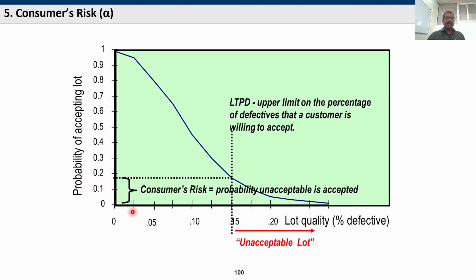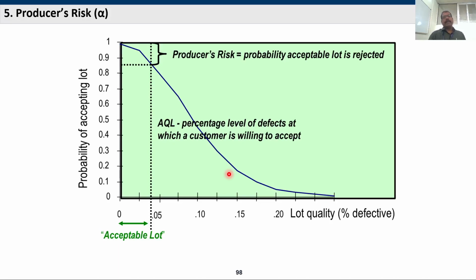Like 18 percent, this is overall rejected, but the consumer needs to accept this; in the sense it is already not acceptable, but the consumers are forced to accept it. So the probability of an unacceptable lot being accepted is this value. It should be based on the rejection quality level. So consumer risk can be plotted with the rejection quality level. Producer risk can be understood from the OC curve with the acceptance quality level.